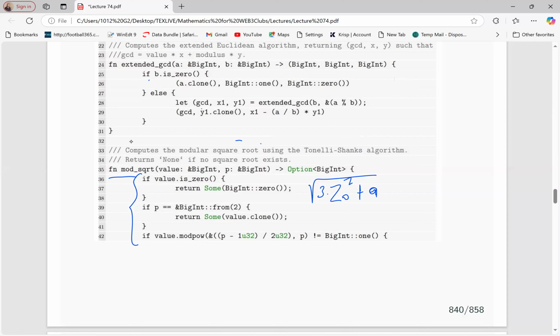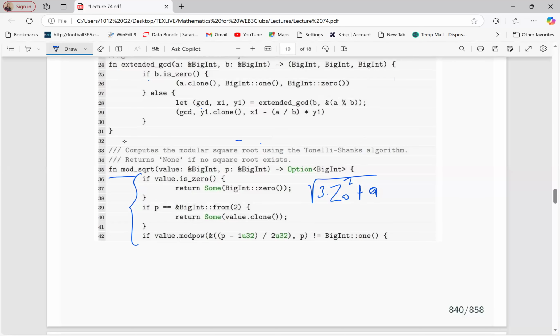Now, what does this code say? It's saying that we want to get a square root of a value A, and of course you have mod.